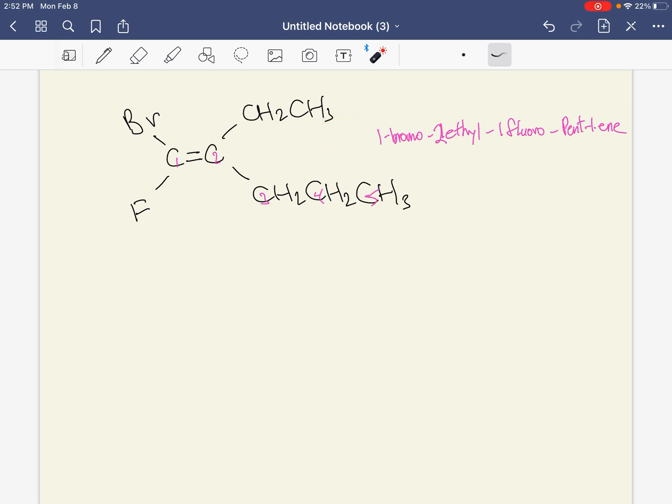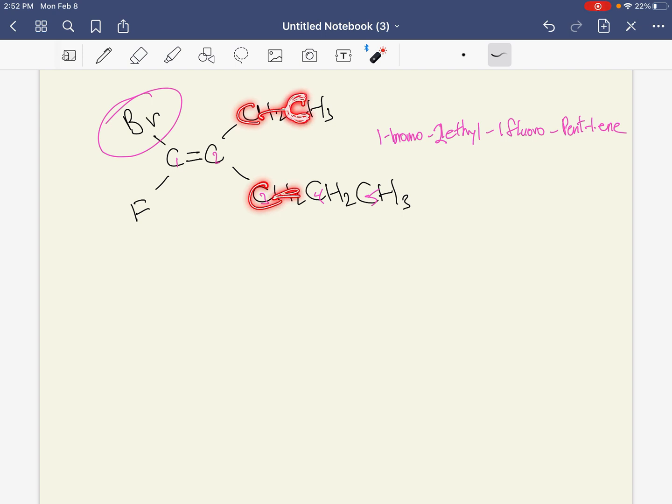Well, let's check. Take a look at this carbon right here. It seems like the heavier group is sticking upwards, huh? Circle it. Now, this one is tough. Take a look at this carbon. This carbon is bonded to this carbon. They're both carbon. What that means is that there's a tie. For now, round 2. This carbon is bonded to this carbon, carbon.